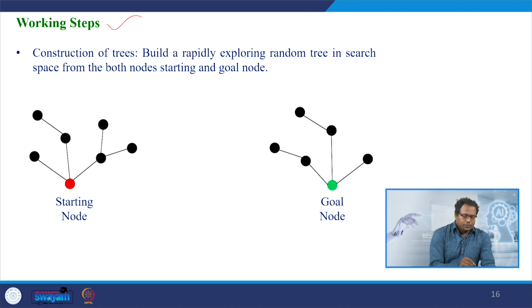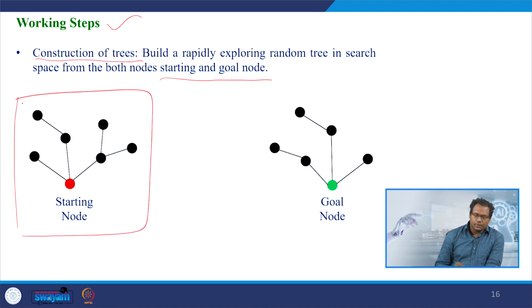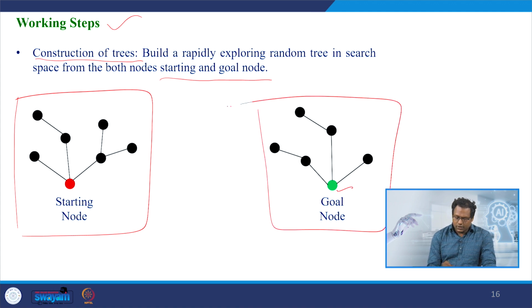The first step is the construction of the tree. We build a rapidly exploring random tree in the search space from both nodes, which are the starting node and the goal node. From the starting node, a tree is built initially. From the goal node, a tree is built initially.